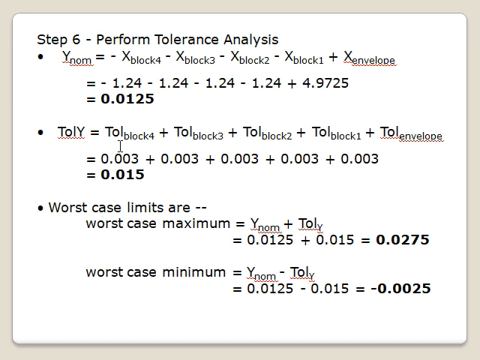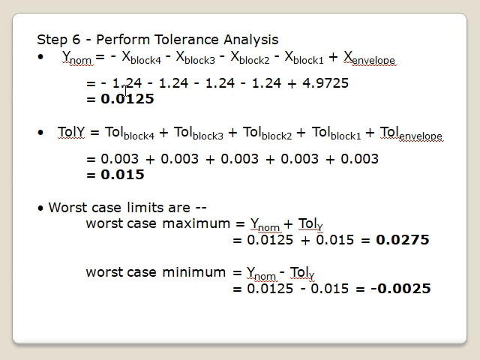Next step: perform tolerance analysis. Whatever y is equal to x block, if we make this, we'll get the y value. In the same way for tolerance y, if we consider the tolerances of all the blocks and add them, we'll get 0.15. For the worst case limit, we find the maximum and minimum.